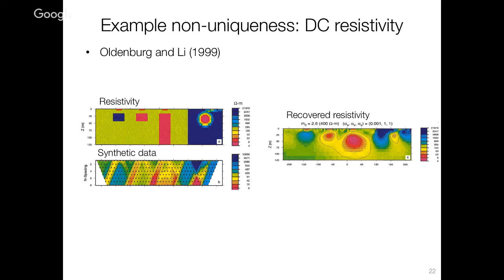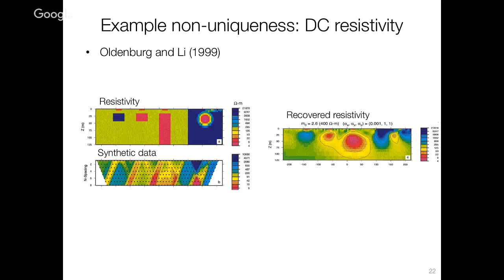The inversion is set up so that you not only reproduce these data in some form, but you try to find a structure that is smooth and sensible. And when we do that, you end up with something that looks like this. So that's actually not too bad. The main thing is that you see these conductors up here.